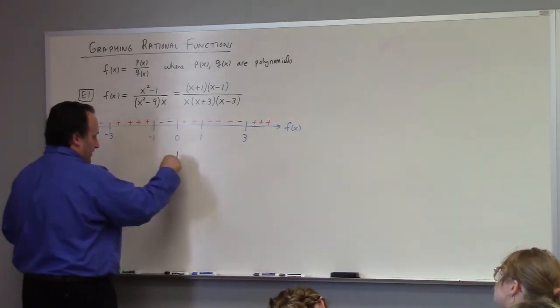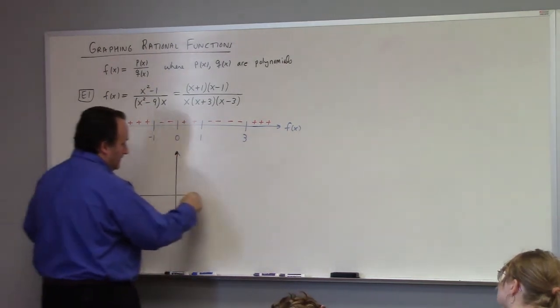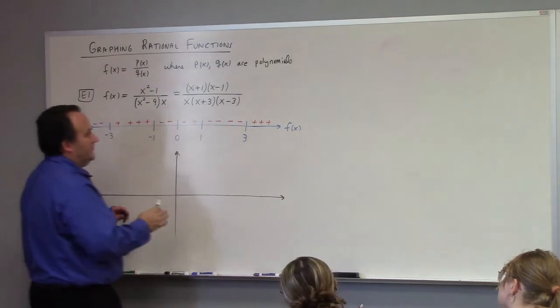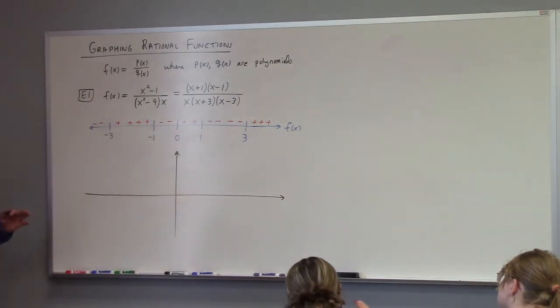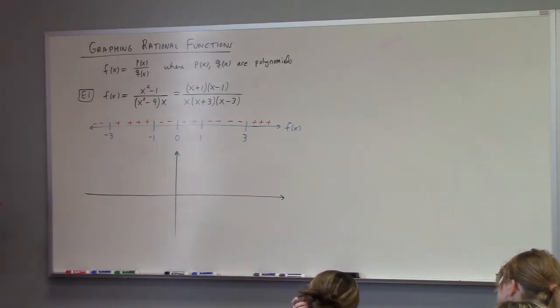Now, a little bit more here. There's an important distinction between the numbers that appear in the denominator versus the numbers that appear in the numerator, right? The numbers that appear in the denominator give us vertical asymptotes.